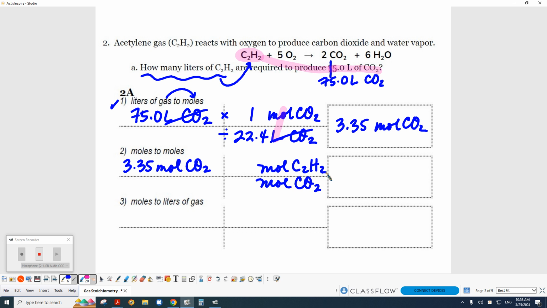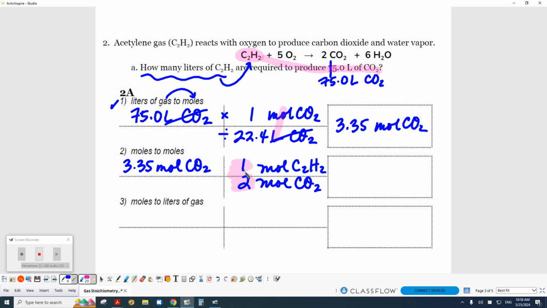And where do we find the numbers for this kind of conversion? We use the mole ratio, the coefficients of the balanced equation. And the coefficient of CO2 is 2. And the coefficient of acetylene is 1.